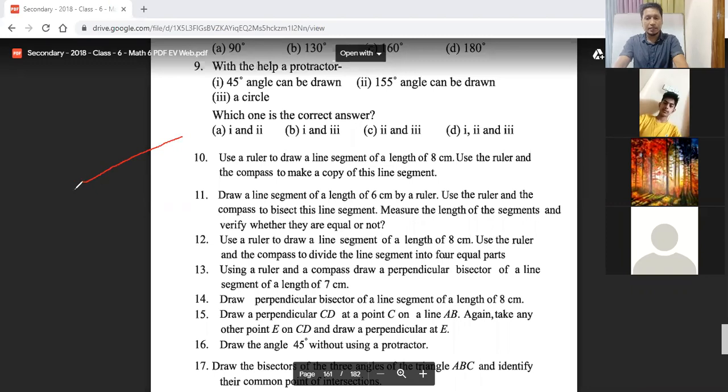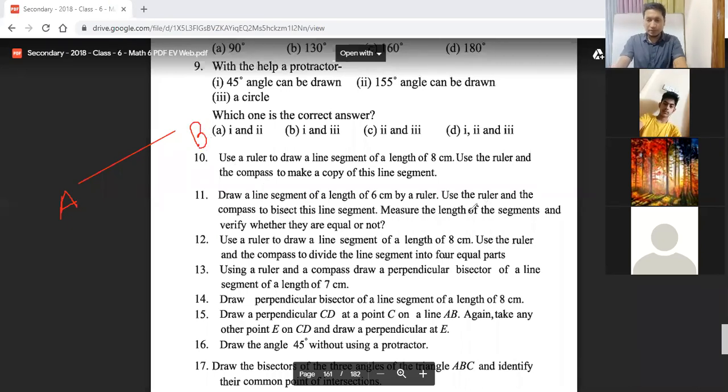You will take a line of 6 centimeter long. It should be straight. Sorry, I erased it first. You will take a straight line here. Suppose this is a 6 centimeter long line. You will give the name AB.